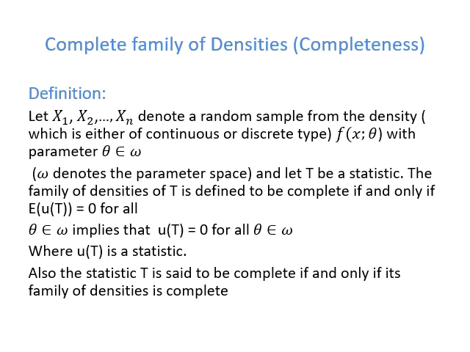Before taking examples to illustrate this concept, notice what we mean by the family of densities of t is complete. Let us take an example. If we consider, for example, the normal distribution, we have two parameters, mu and sigma squared.